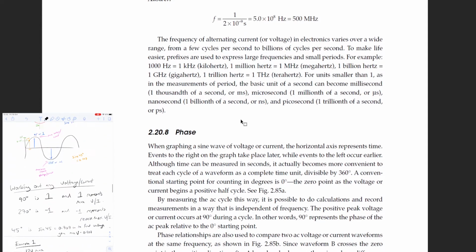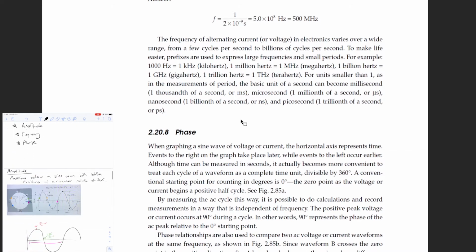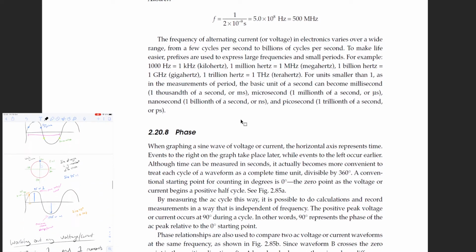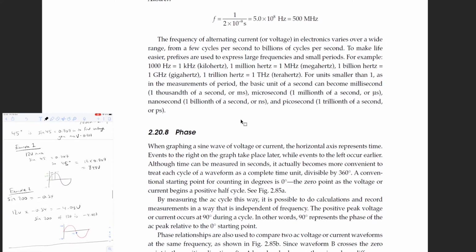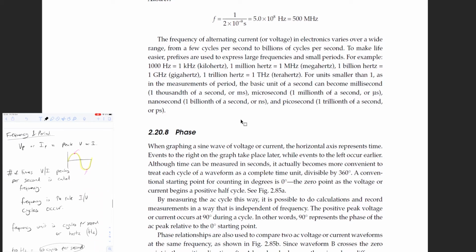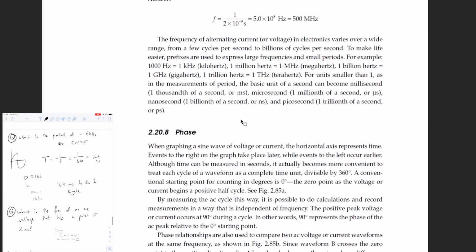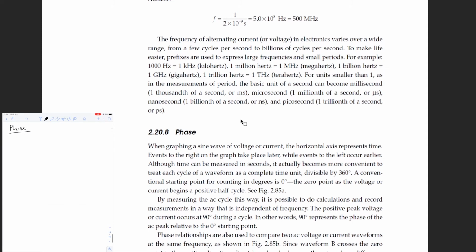So just to get a reminder, I've gone over amplitude. So all of this is amplitude, and then we went on to frequency and period, and now we're on to phase. Amplitude is like how large or small the voltage or current is.